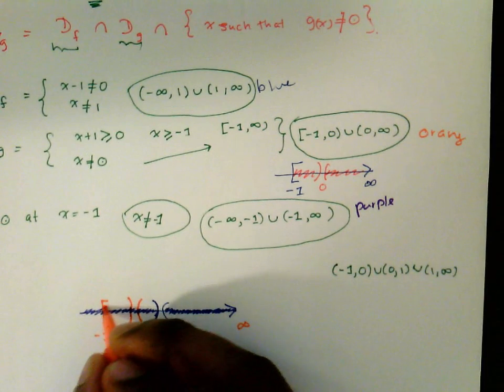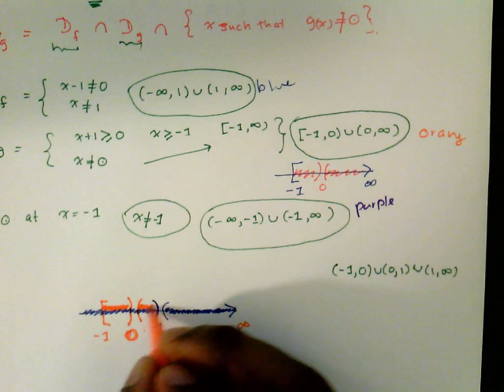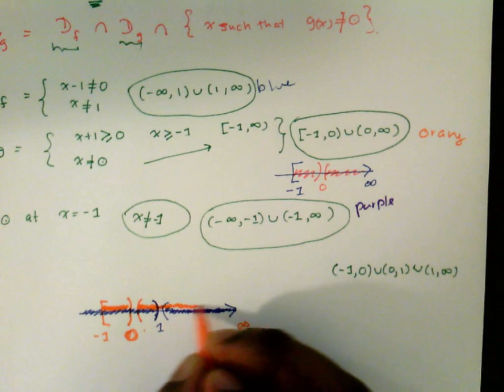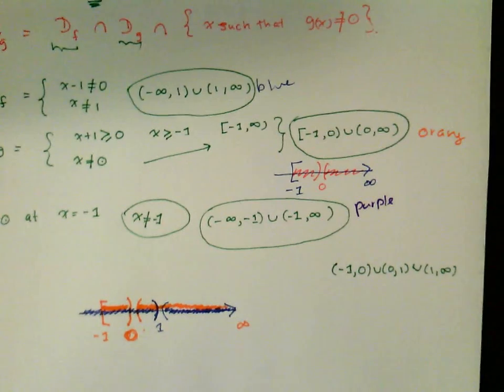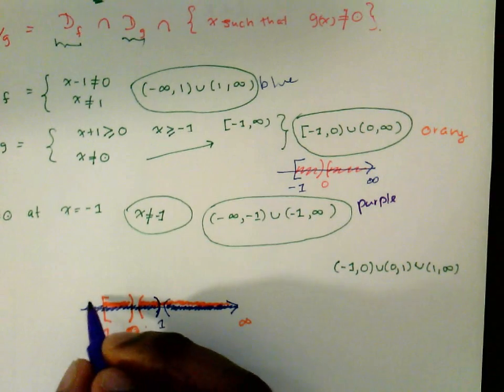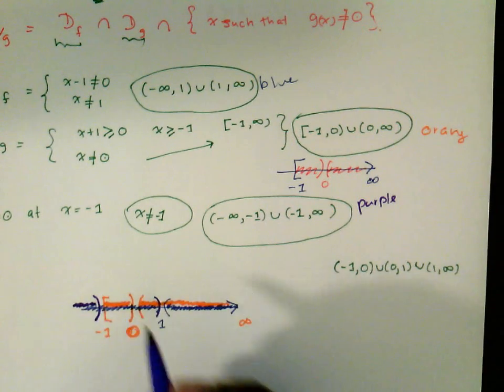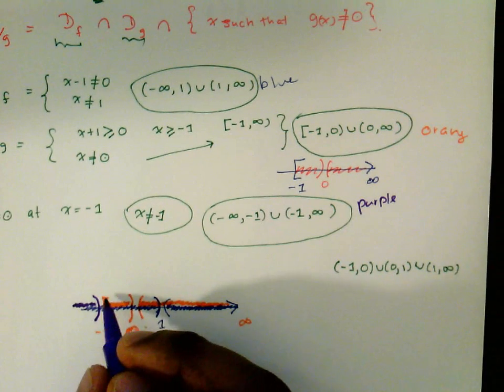So -1 to 0 is in orange and then 0 to infinity is in orange. And then in purple, -infinity to -1, and then -1 to infinity.